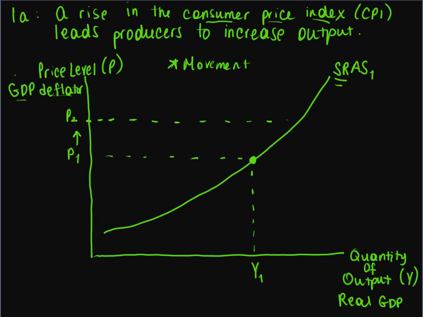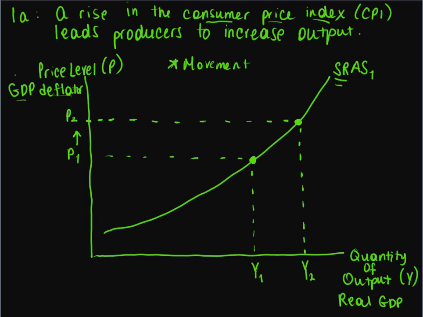If I want to consider what's happened to the quantity of output as a result, I will come over to the horizontal axis and denote this as Y sub 2. When I compare these two outputs, Y sub 1 and Y sub 2, I can see that the quantity of output measured by real GDP has increased.